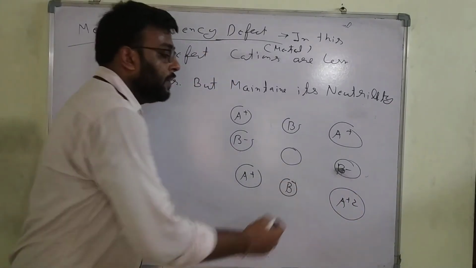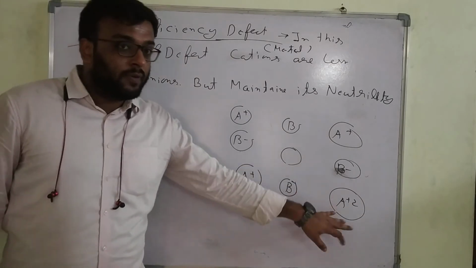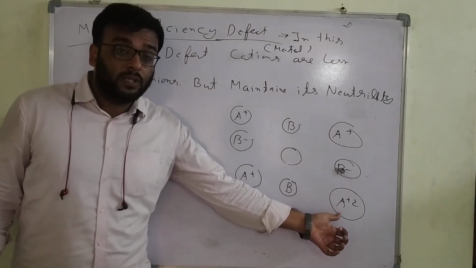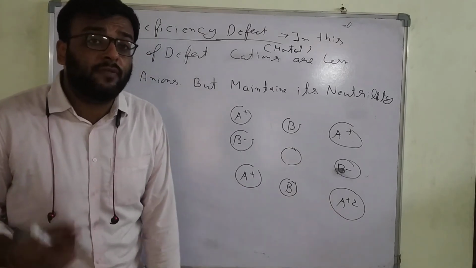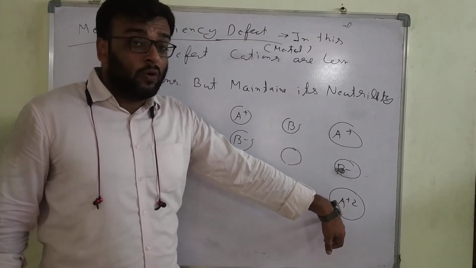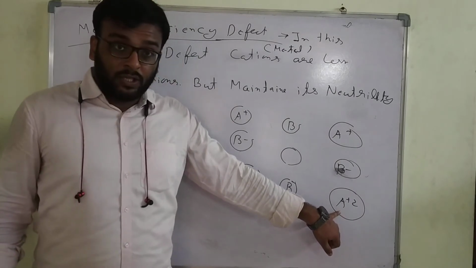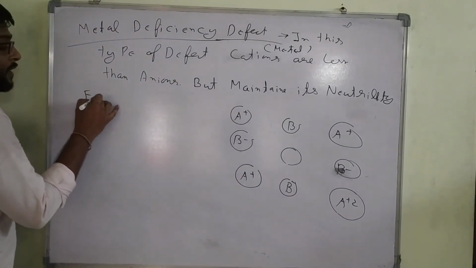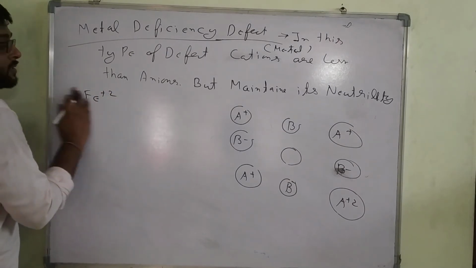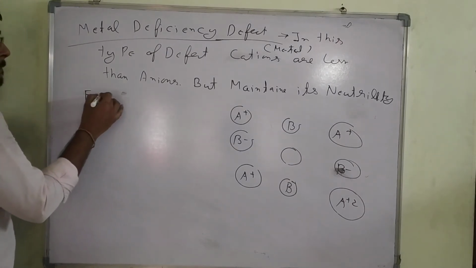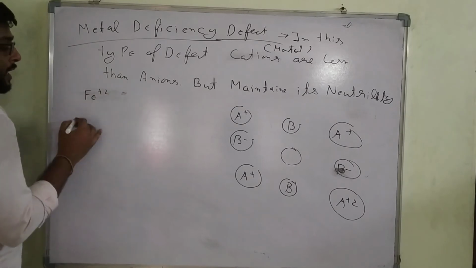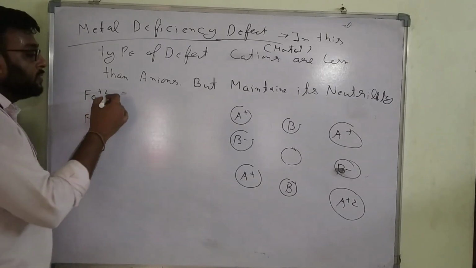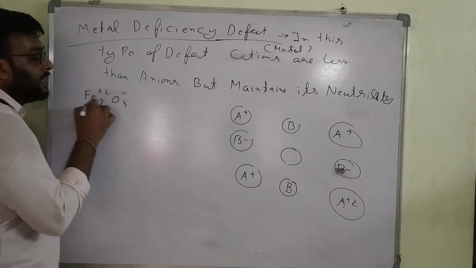One A plus is not available, but to balance the neutrality, the oxidation state of the same element will increase. It is like the example of ferrous Fe plus 2 and Fe plus 3. Suppose Fe2O3 is available like this.